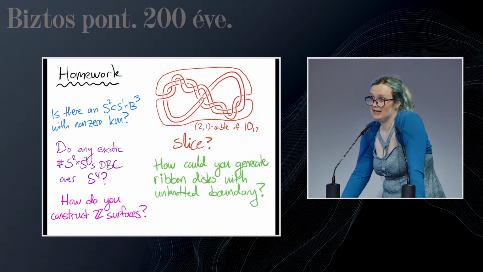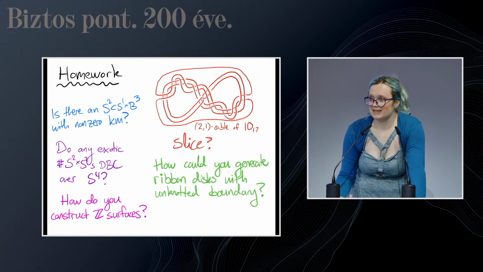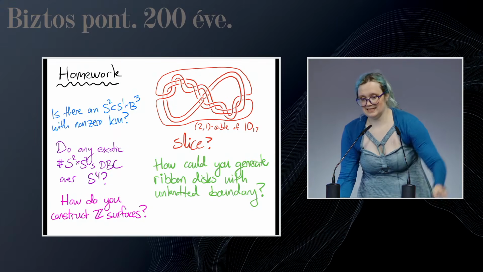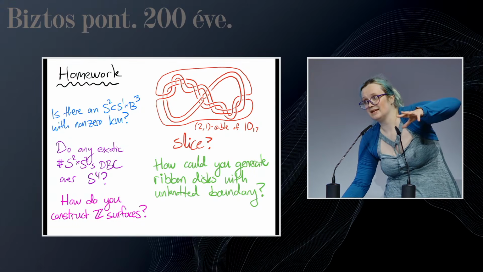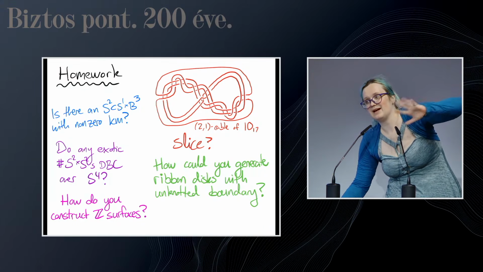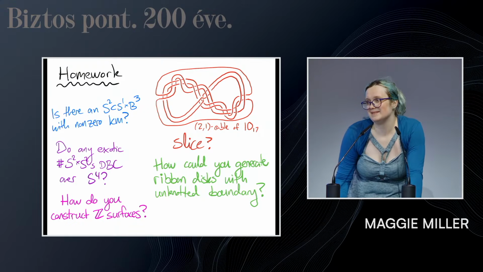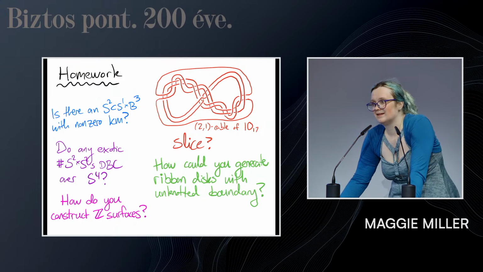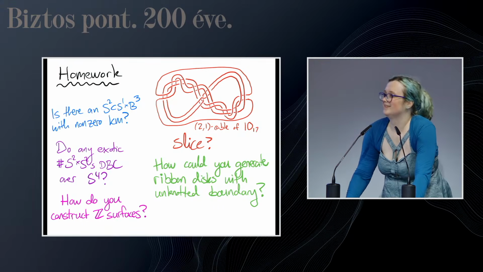So if you found a two-sphere inside of S1 cross B3 with non-zero Kervaire-Milnor invariant, let's call the sphere S, then the two-component link that's S along with the unknot that you deleted to get S1 cross B3, that two-component link would not be slice. Does that make sense? Yeah, okay.